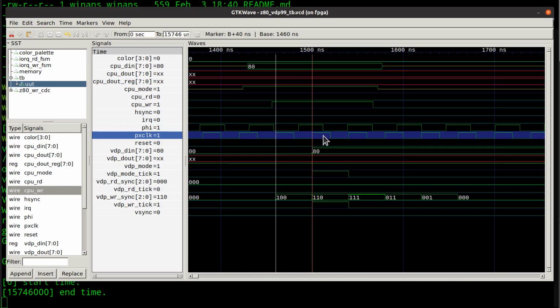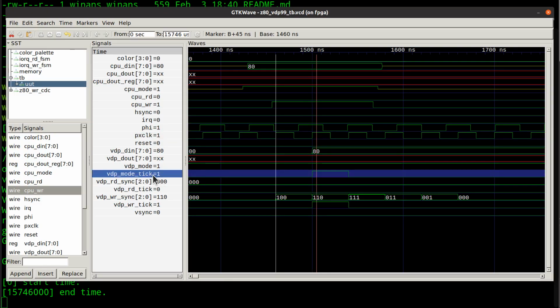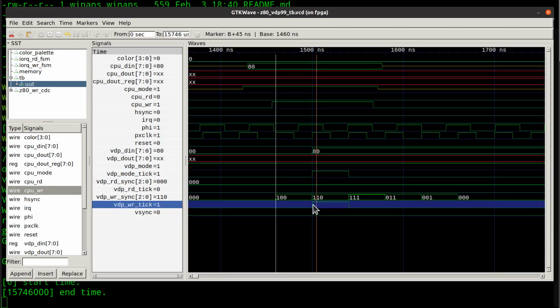It is in this second period here that we assert this tick signal. That's actually for the mode. We'll look at that in a minute. Here's the write tick in the code that we were just looking at. It occurs here in this second period of this shifting in, okay? So this is where we do our synchronization.